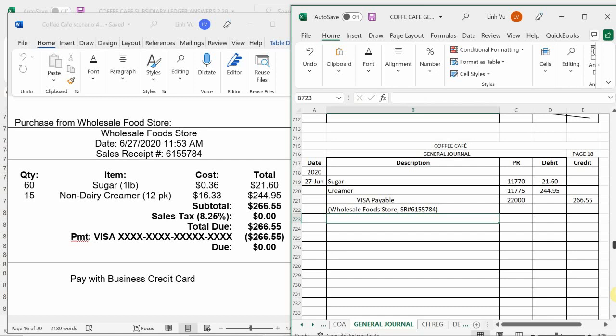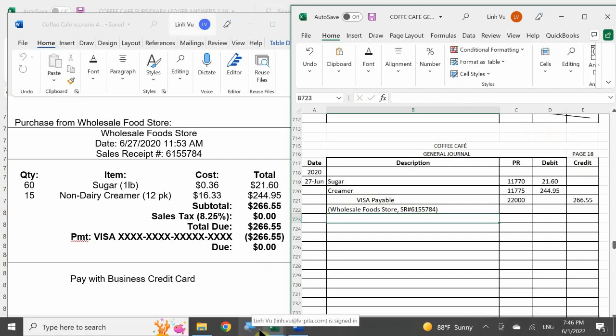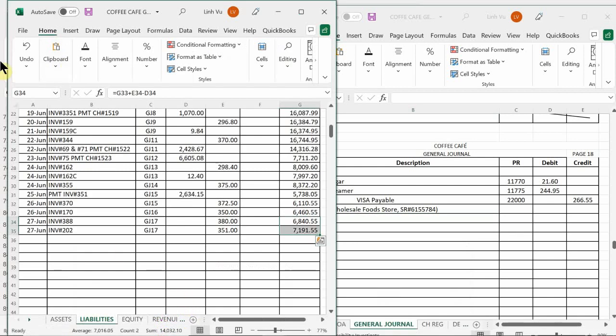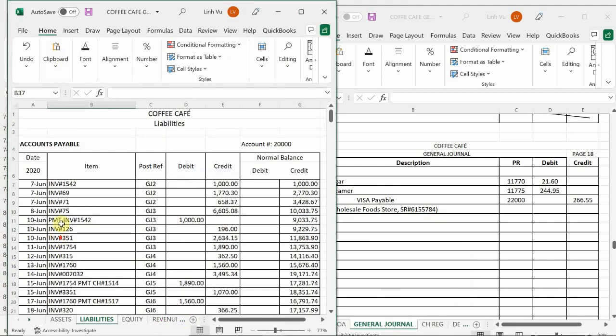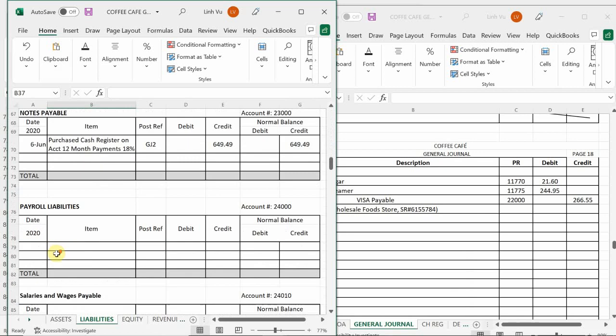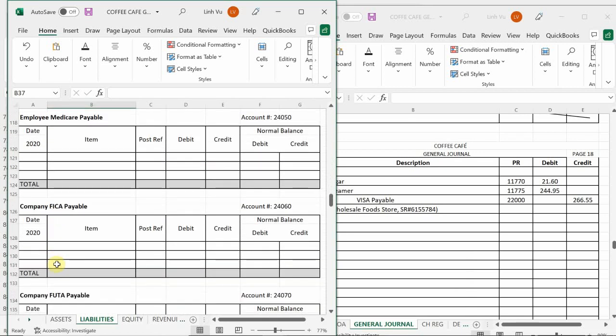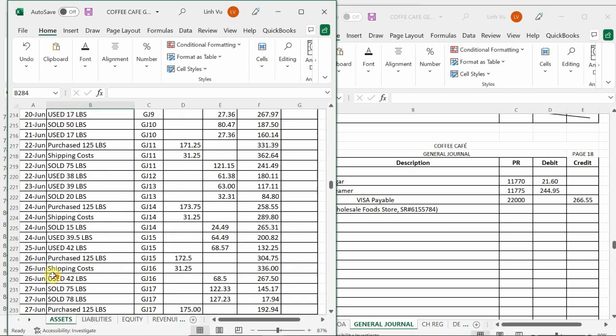So I need to update my ledger because I end up buying more sugar and creamer. We need to go to our assets.